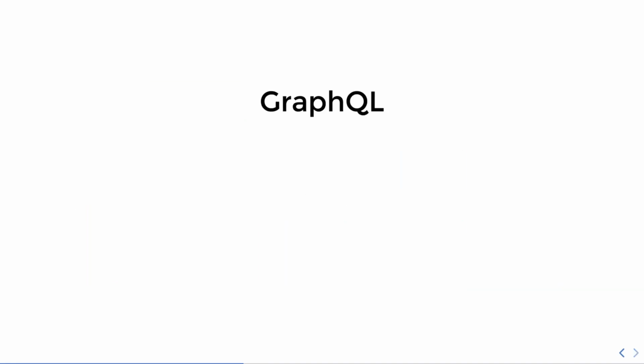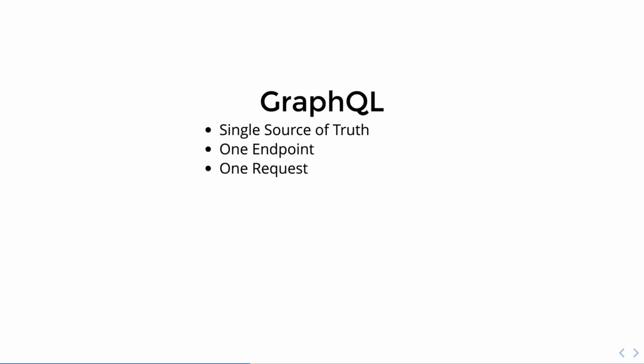So with GraphQL, we strive for this single source of truth, where we can explore and reason over our data by using one single endpoint. And we can fetch all the data that we need at one specific point in time in one request. And that basically gets rid of the over and under fetching problem on the client side. Basically, we get rid of the n+1 problem.